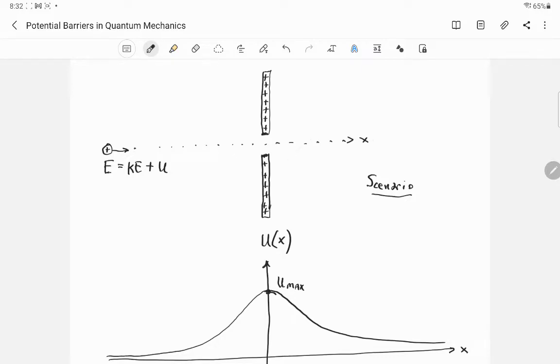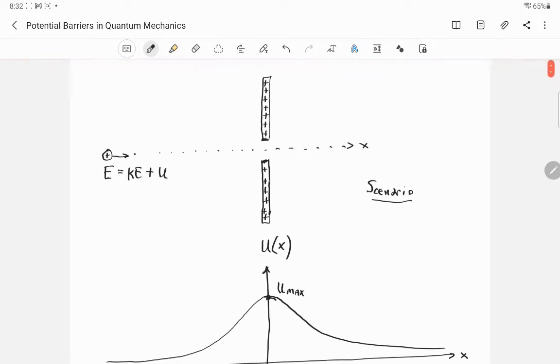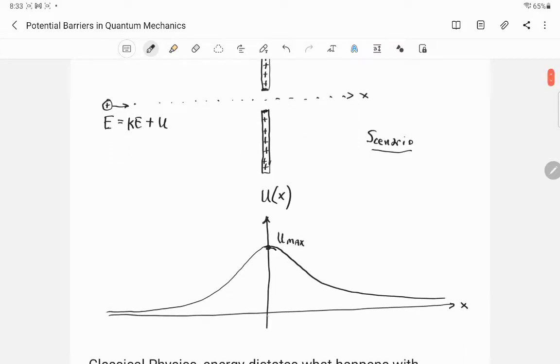This doesn't mean the particle necessarily makes it through the gap. It's more like, if the particle were at position x, we would say the system has potential energy U of x. And because of the symmetry of the charge distribution, it'll be symmetric around x equals 0.